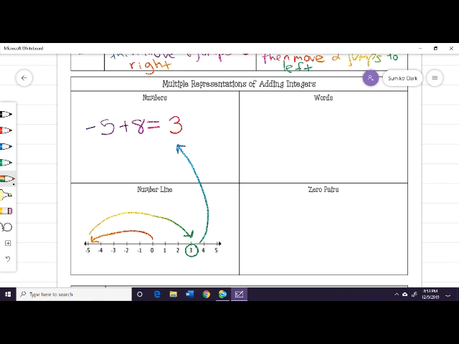Now let's write this out in words. Let's think of a real life example when you might be able to apply this kind of math. We don't have a football team, but let's talk about a football team.